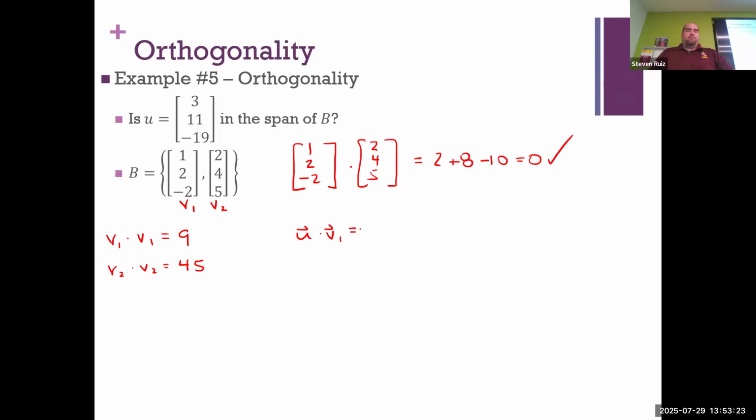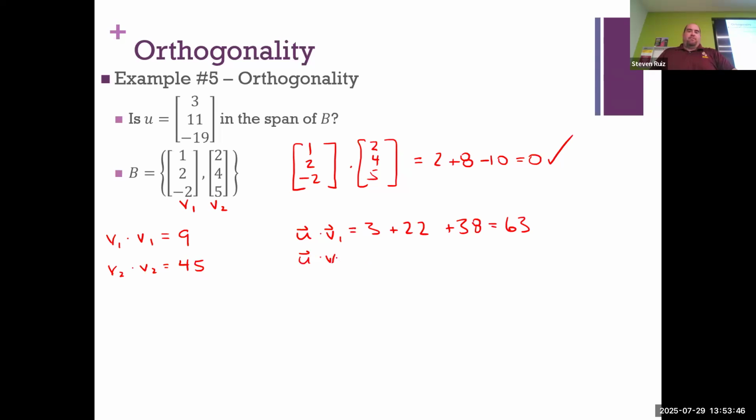U dot V1 is equal to 3 plus 22 plus 38, 63.